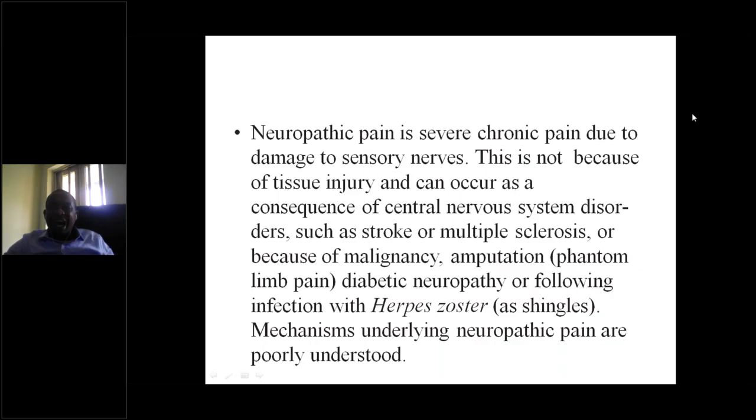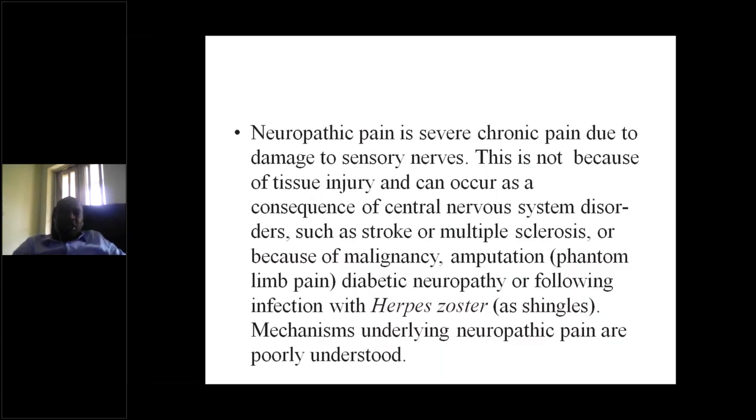So neuropathic pain is severe chronic pain due to damage to a sensory nerve. This is not because tissue has an injury. Take note of that. In nociceptive pain, a tissue has an injury. But in neuropathic pain, it is the sensory nerve that has an injury inside.